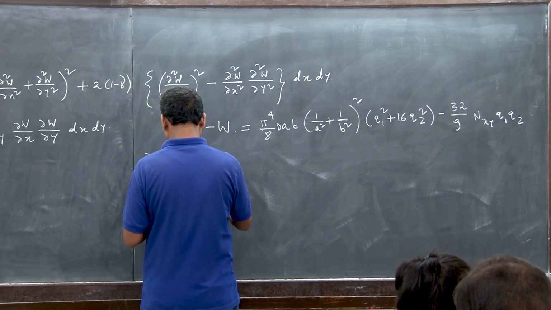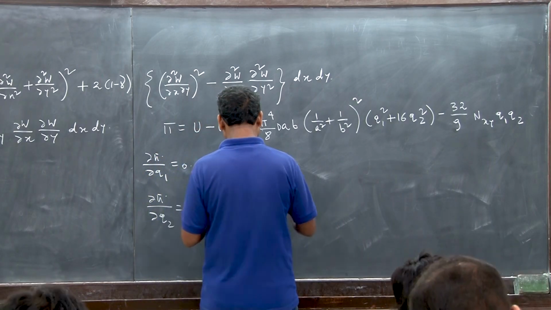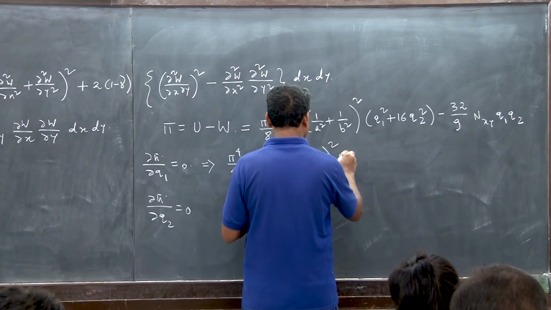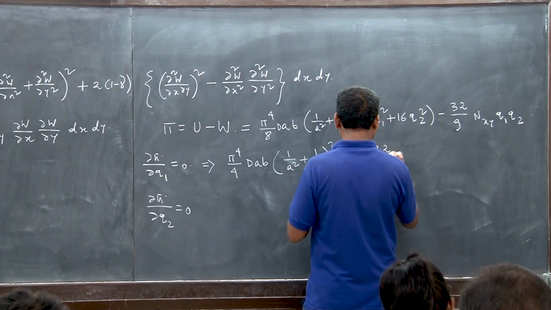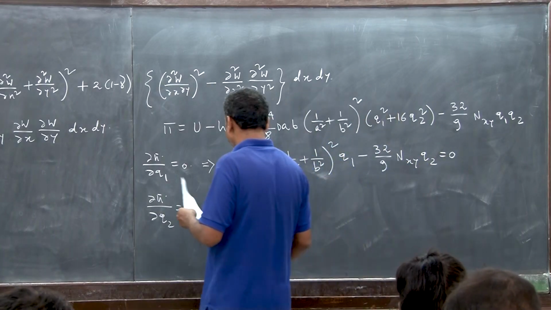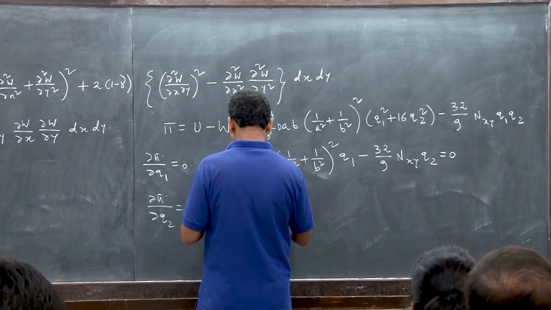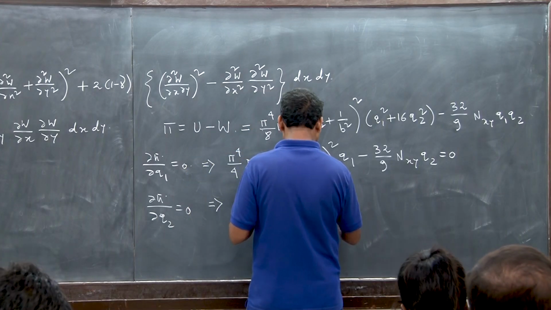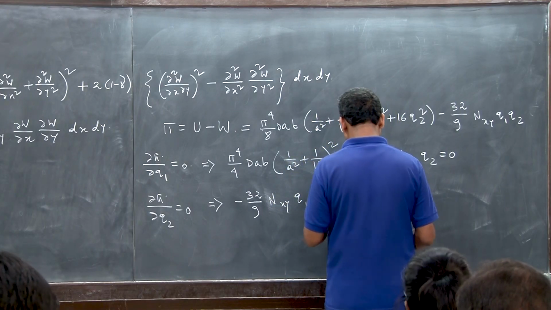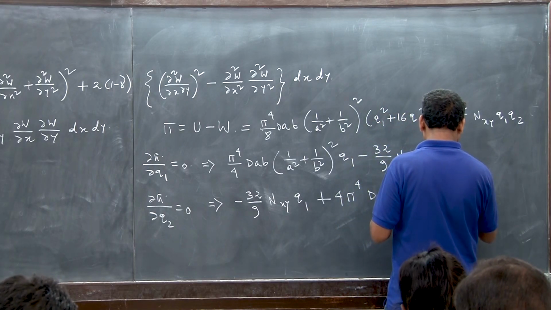In the first equation you will get pi to the power 4 upon 4 D ab times (1 by a square plus 1 by b square) squared q1 minus 32 by 9 N_xy q2 equal to 0. And in the second, minus 32 by 9 N_xy q1 plus 4 pi to the power 4 D ab times (1 by a square plus 1 by b square) squared q2 equal to 0.